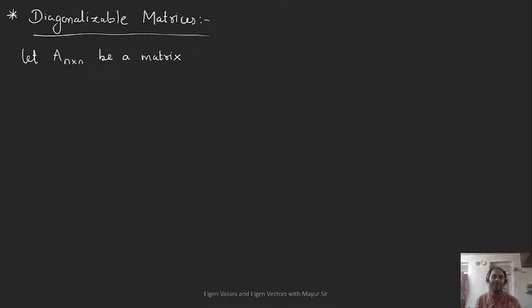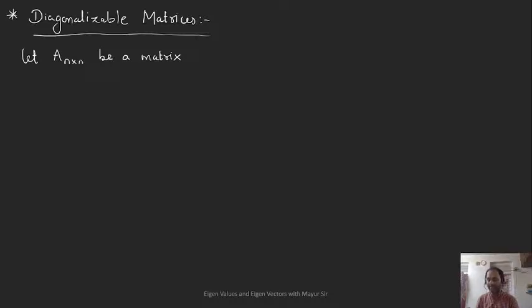Please remember in mind, whenever you say A n cross n, you have to remember that it is a square matrix, because many children get confused. What does A n cross n mean?